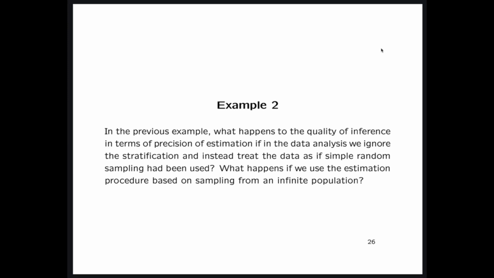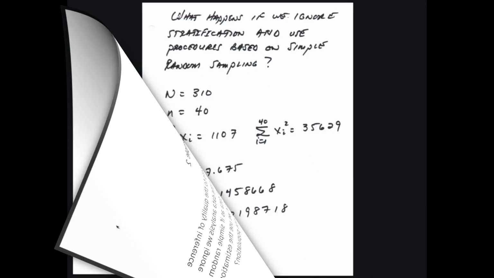So in other words, we know that we have selected a stratified random sample from this population, and we've come up with some results. What happens if we ignore the stratification and do one of two things? We either use simple random sampling, or we even ignore the fact that we were sampling without replacement, and we use a procedure that's based on sampling with replacement. Well, let's take a look.